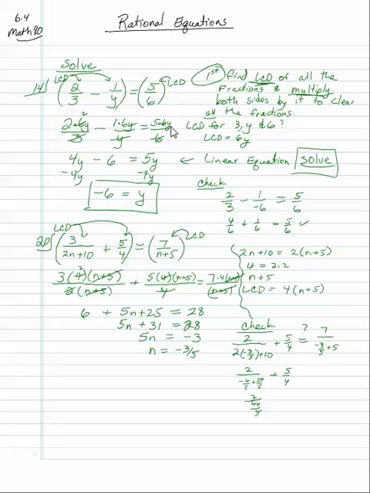Flip it over, so that'd be 10/44 plus 55/44, 65/44, and then this one would be 7 over 22/5.